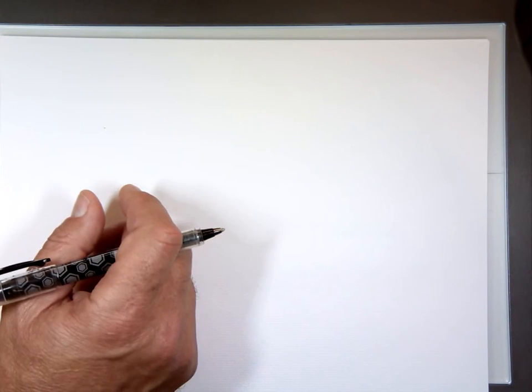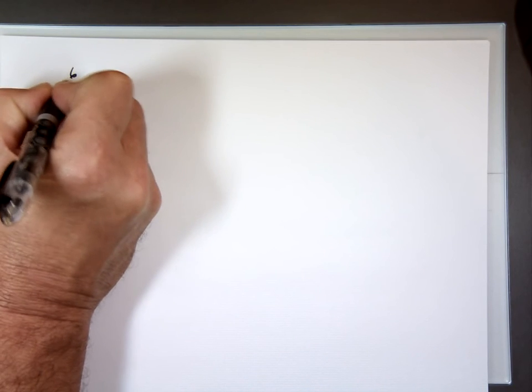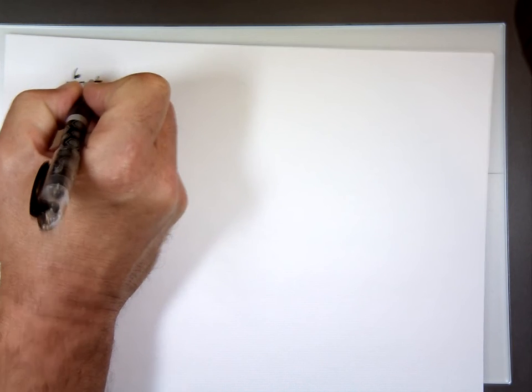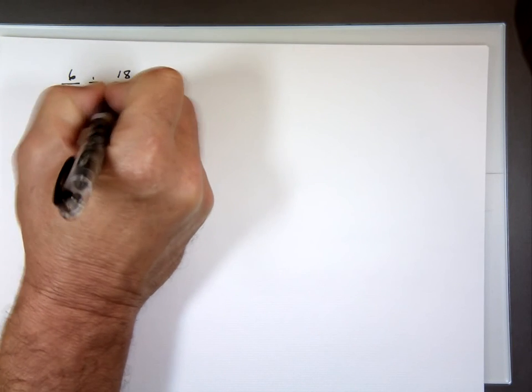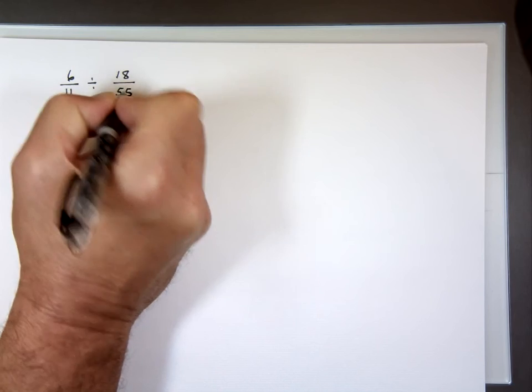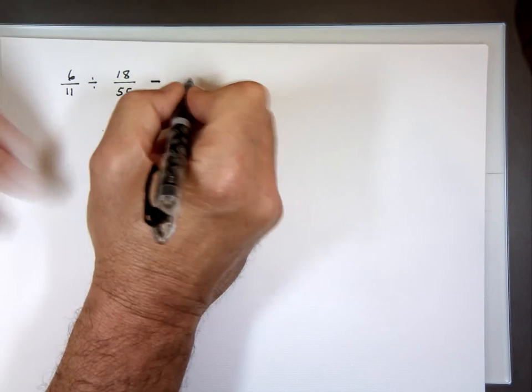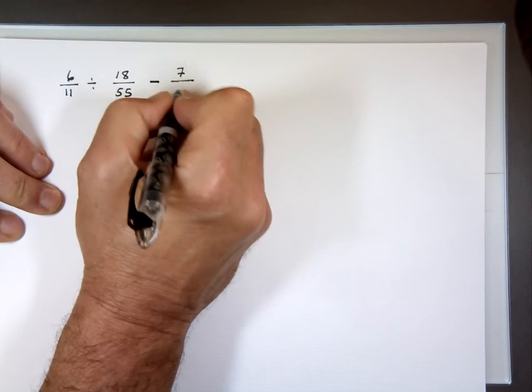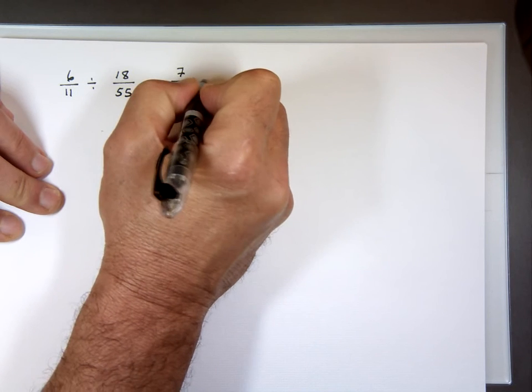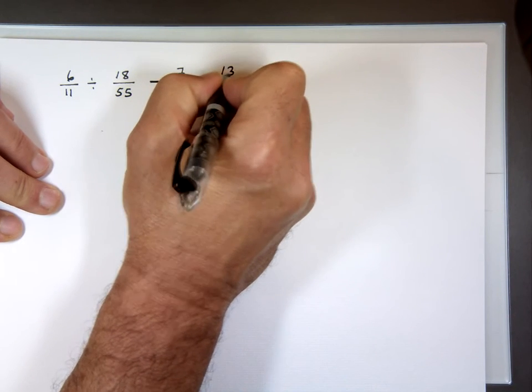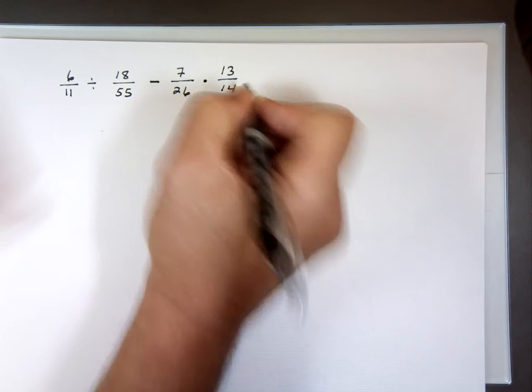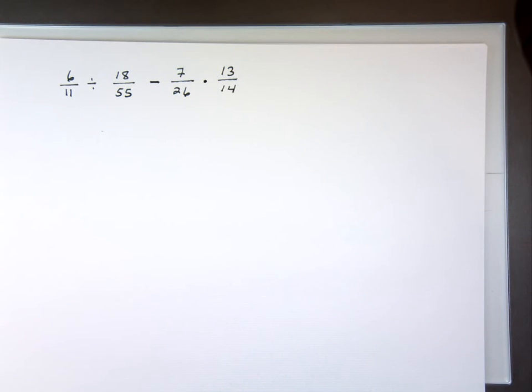Let's say I put this problem, 6 over 11 divided by 18 over 55 minus 7 over 26 times 13 over 14. Fun, fun, fun, huh? Remember the order of operations.